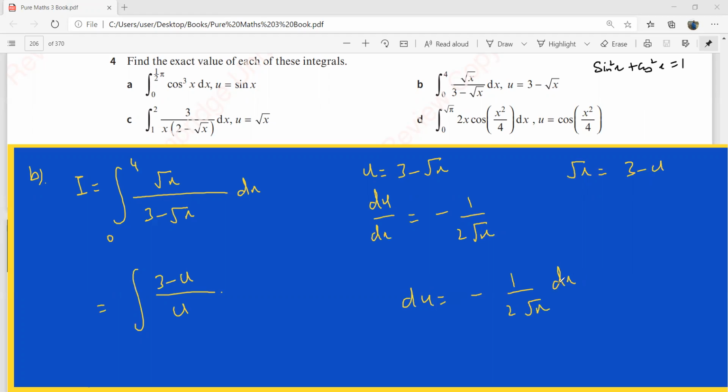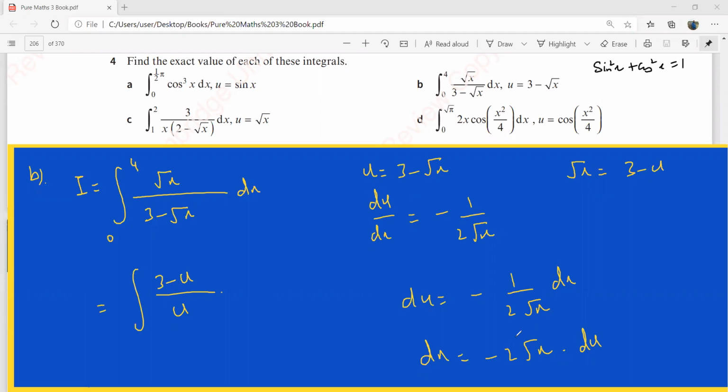If I had not changed this, I could have easily got them cancelled. But anyhow, we can write this dx as minus 2 under root x du. I think we could not cancel this out.